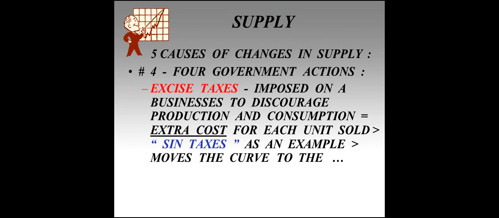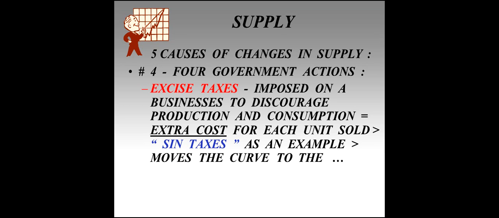The second type of government action that can have an impact on total supply to a market is the imposition of excise taxes. They're placed on businesses to discourage production and consumption. Excise taxes put an extra cost on each unit produced and sold.